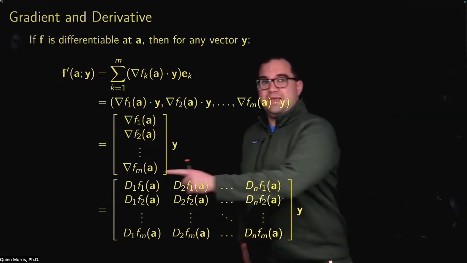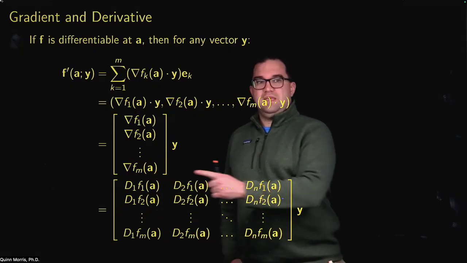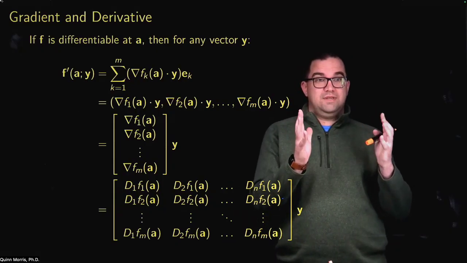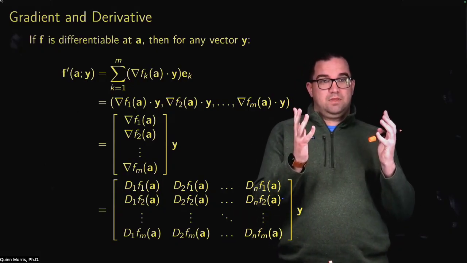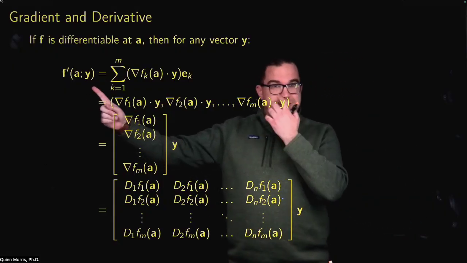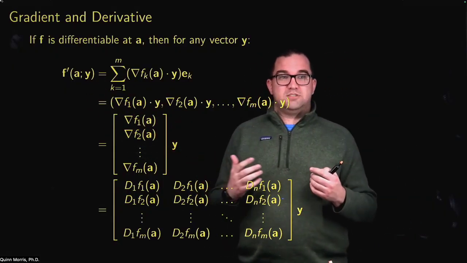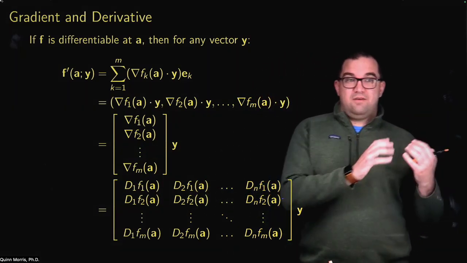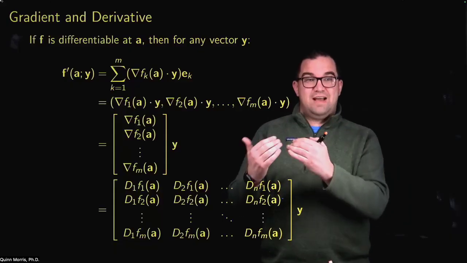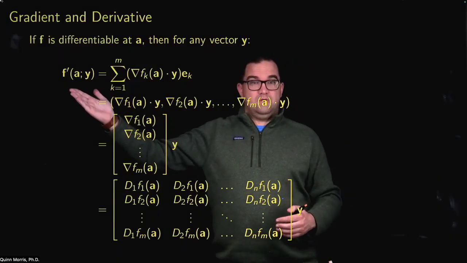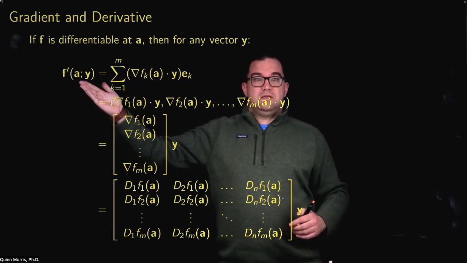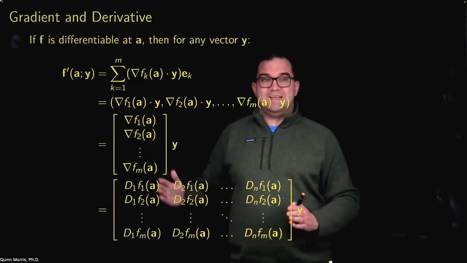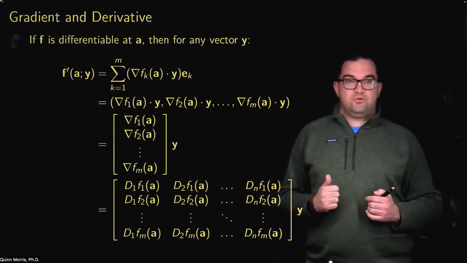So it encapsulates all of the partial derivative information you could want into one quantity, this matrix. Just as for scalar fields we express the derivative with respect to a vector as the gradient of that scalar field inner product with that vector, for vector fields we can express the derivative of a vector field with respect to a vector y as this matrix times that vector y.